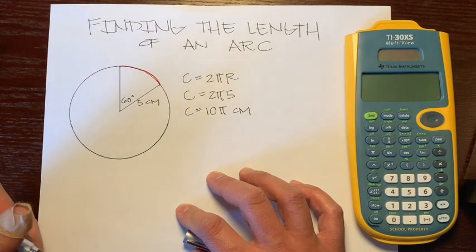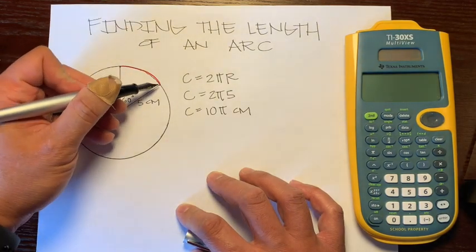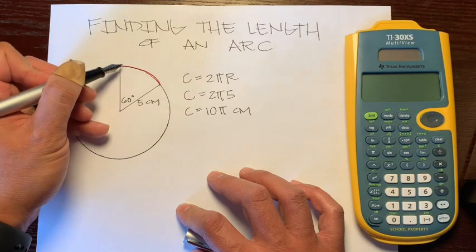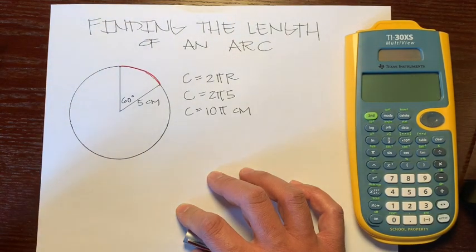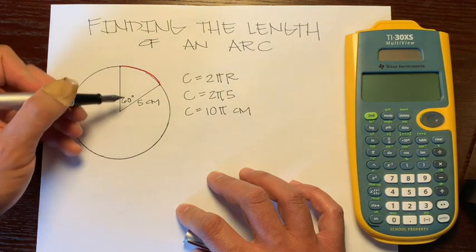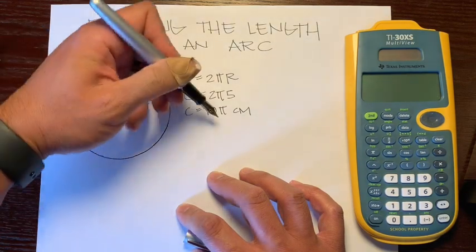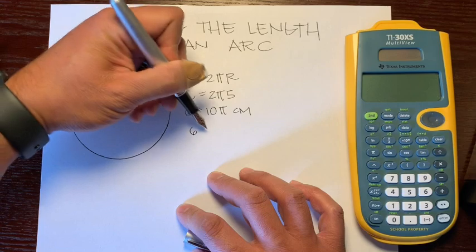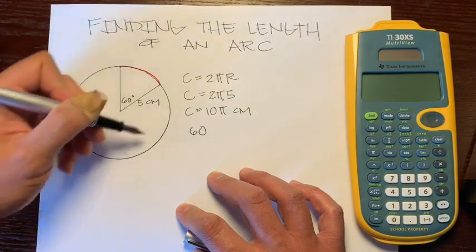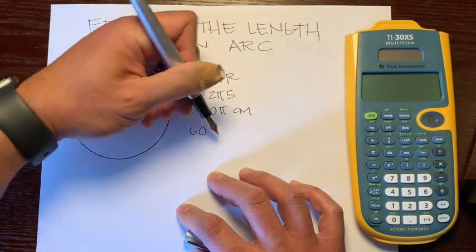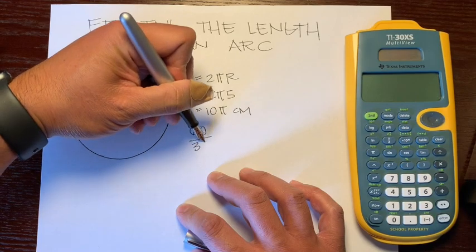But that's not what the question is asking for. It's just asking for the distance from here to here. So what we're going to do is create a ratio. For this arc, it takes 60 degrees out of the entire circle, which is 360 degrees.